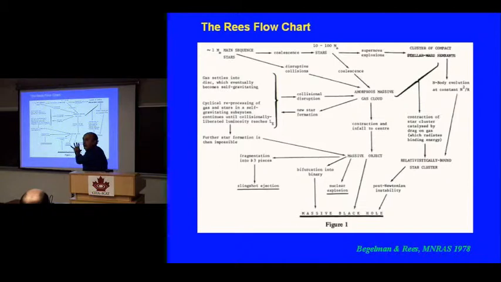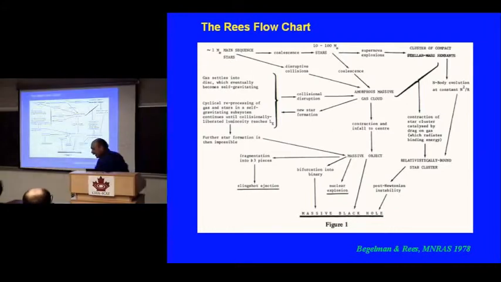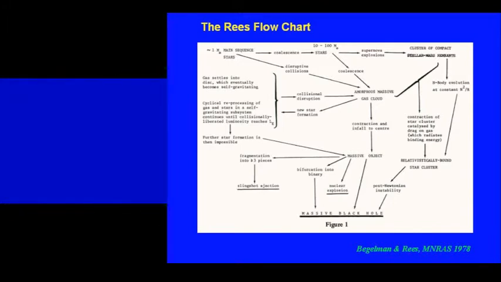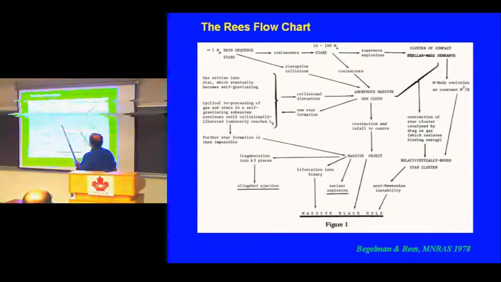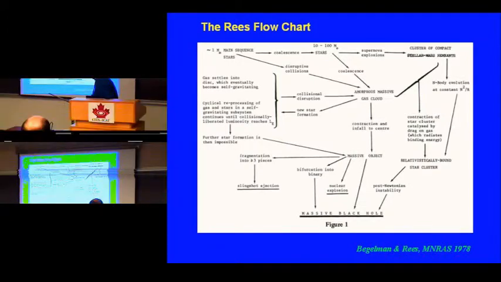This problem goes back long before we knew how ubiquitous black holes are, because 30 years ago we knew about active galaxies. We were already pretty convinced that black holes were at the hearts of these. And back in the late 1970s, Martin Rees devised a flow chart of all the ways that he could think of for black holes to form.